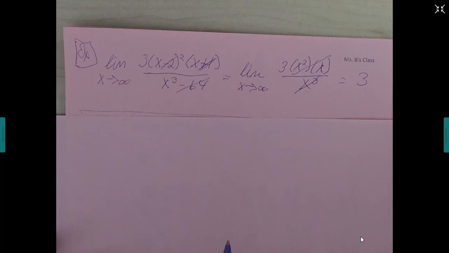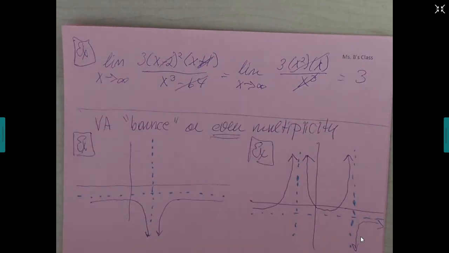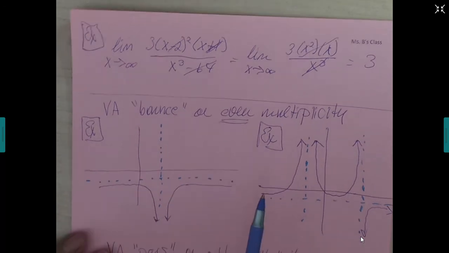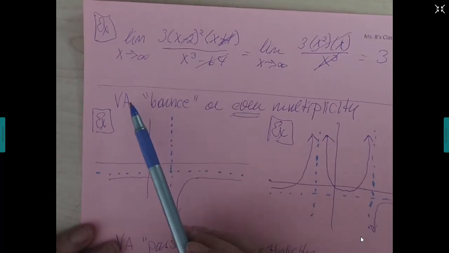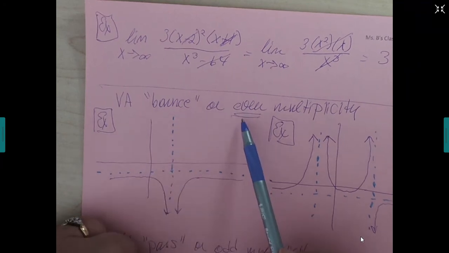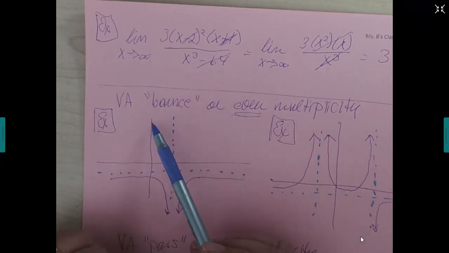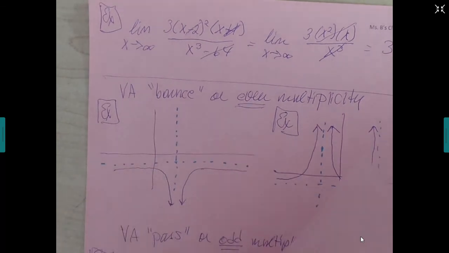Let's talk about multiplicity for the denominator, which is vertical asymptotes. So yes, there is such a thing as a vertical asymptote bounce or even multiplicity, and a vertical asymptote pass or odd multiplicity. So let's look at the first one, which is the even multiplicity. Just hang on, and we'll put this all together in one second here, okay?